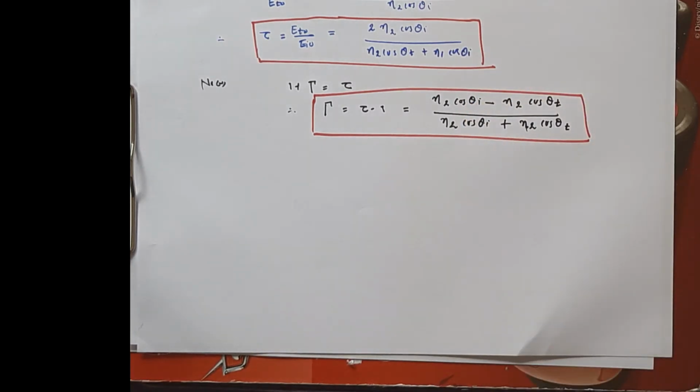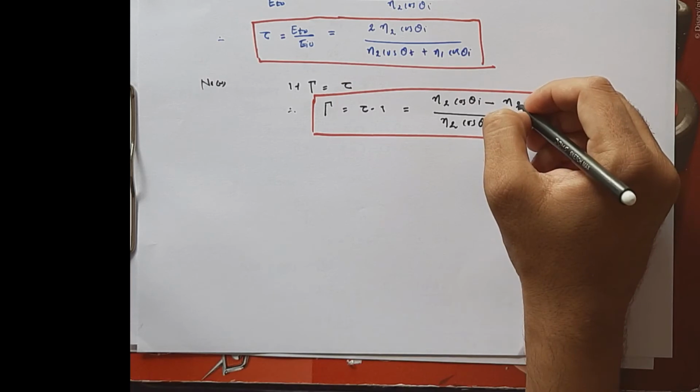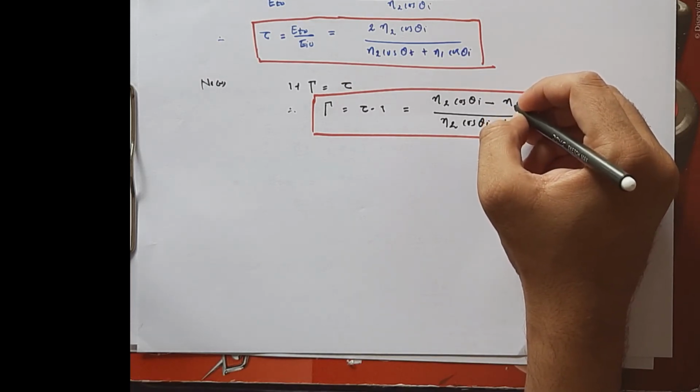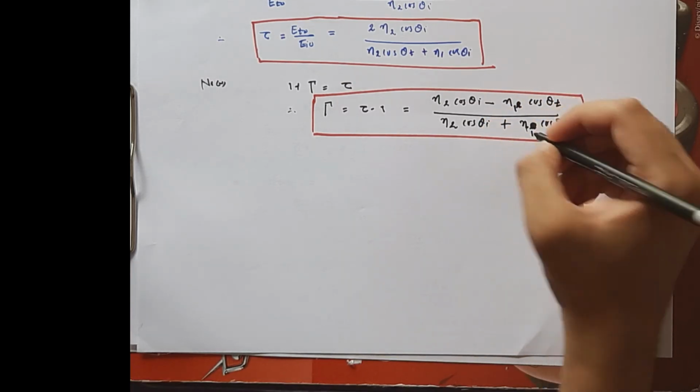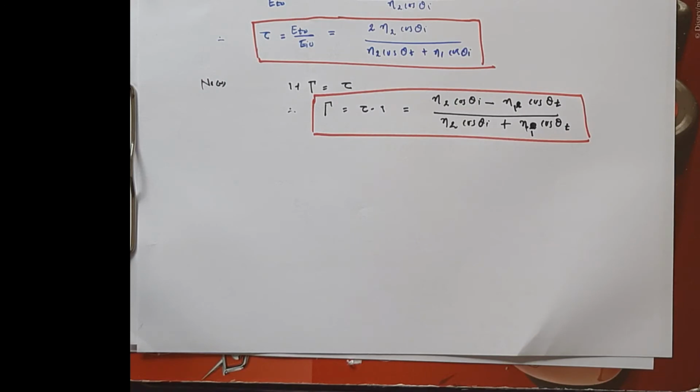I made a slide mistake; here it is eta1. Generally, what is the equation of tau for normal incidence? We have already discussed that.